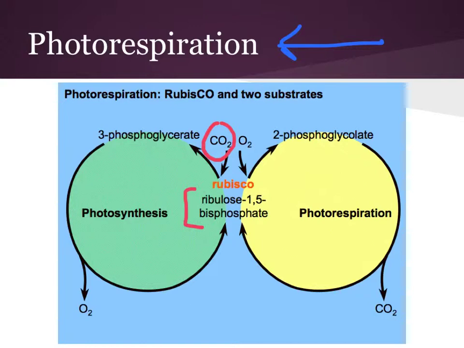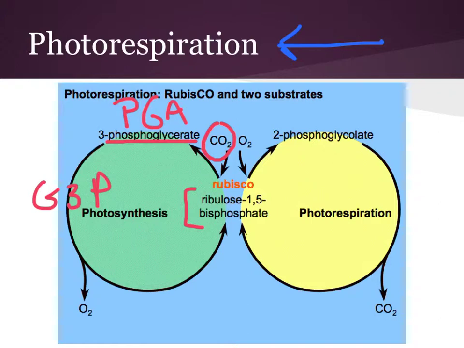And ultimately, we generate this molecule known as phosphoglycerate, or phosphoglyceric acid. We call that molecule PGA. And ultimately, PGA is transformed into G3P, and we use G3P to form our 6-carbon sugar like glucose or sucrose.